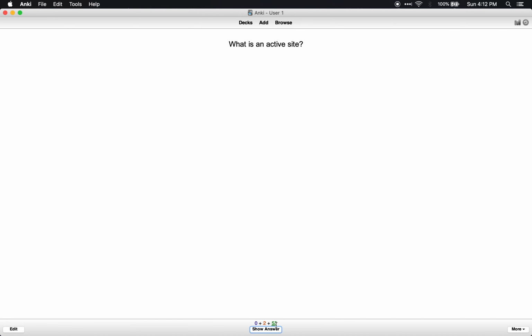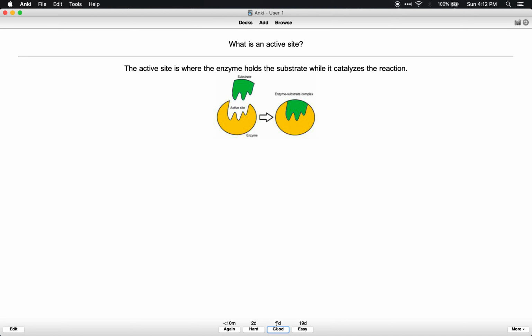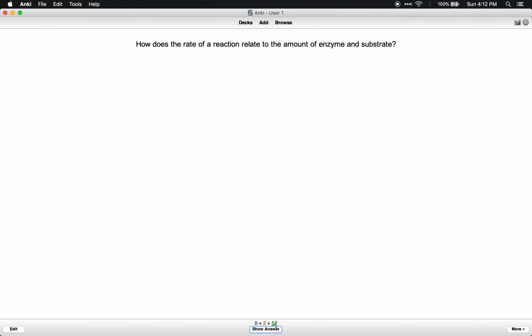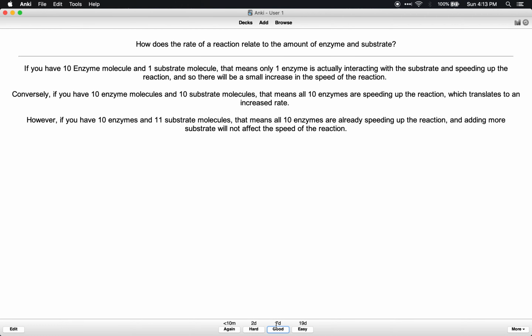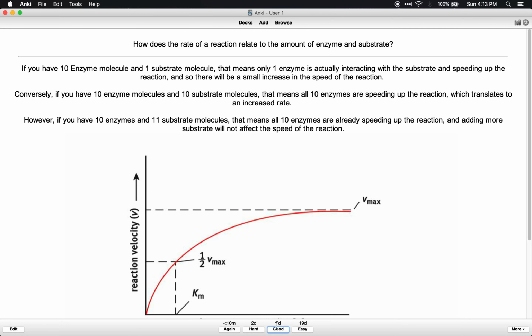Microenvironment where the reaction takes place between the substrate and the enzyme creates a microenvironment to stabilize the transition state. How does the rate of reaction relate to the amount of enzyme and substrate? As you increase the amount of enzyme, you can increase the rate of the reaction.